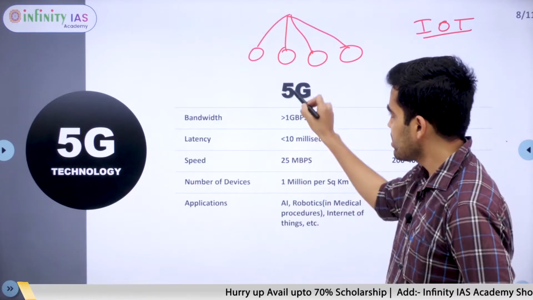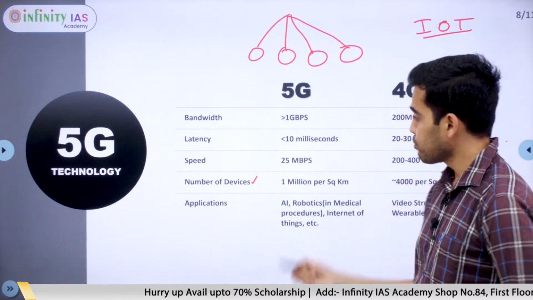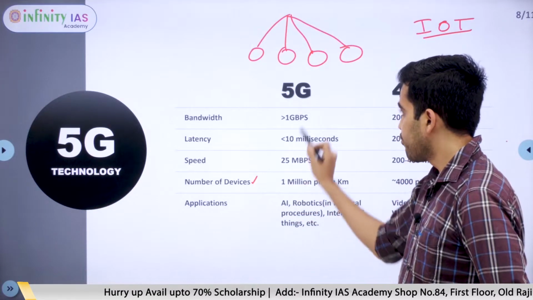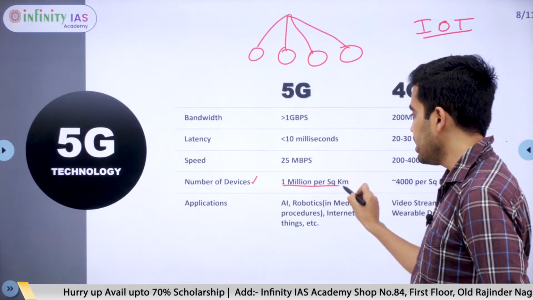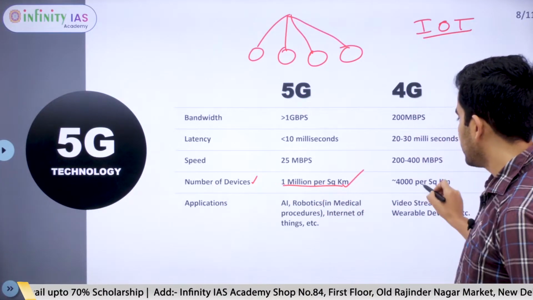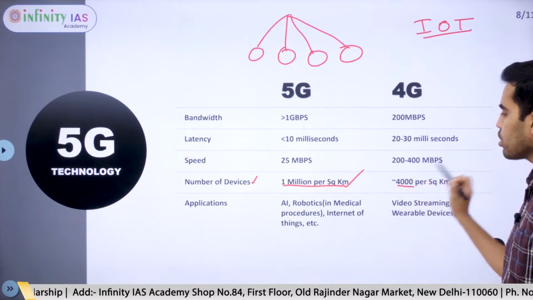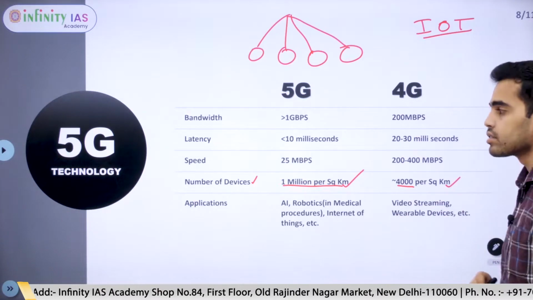So there is a difference between 5G and 4G even in the number of devices. For example, 5G can support 1 million devices per square kilometer, whereas 4G can only have approximately 4,000 devices per square kilometer.